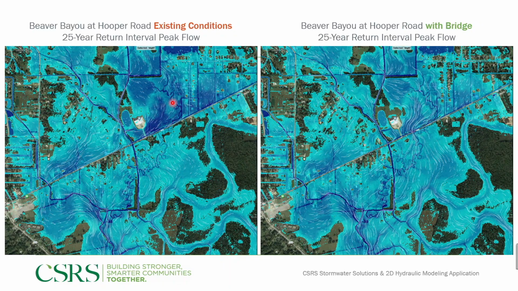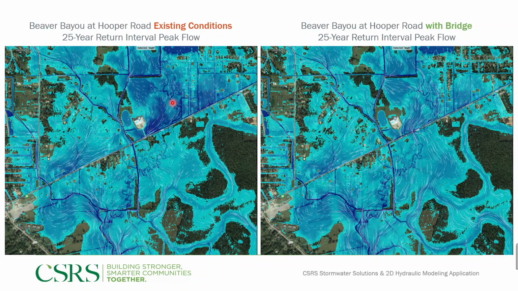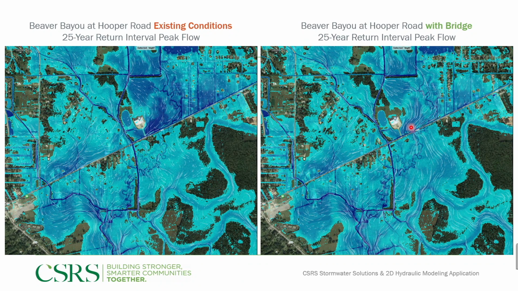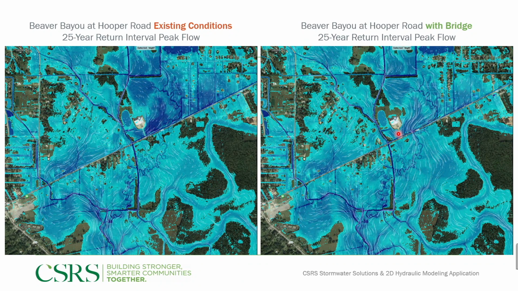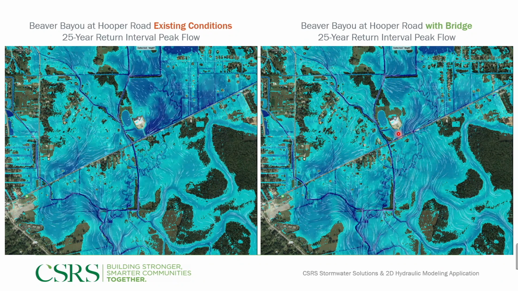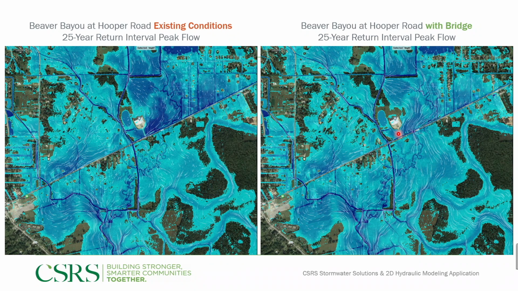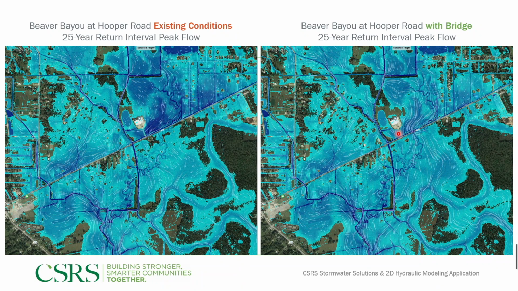So the solution here would be to let the water cross the road where it's collecting. And here is the simulation of us doing that. On the right side of the screen is a bridge at that location. If you look across the two, left and right, you see there's not as dark a blue. The flow direction of the water is more north to south, which is the general direction of flow for this watershed.